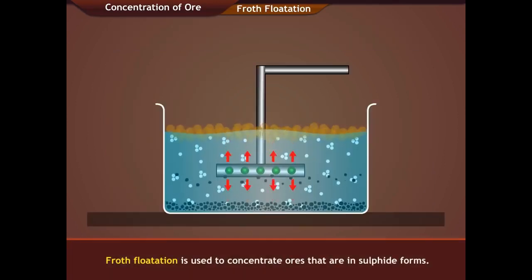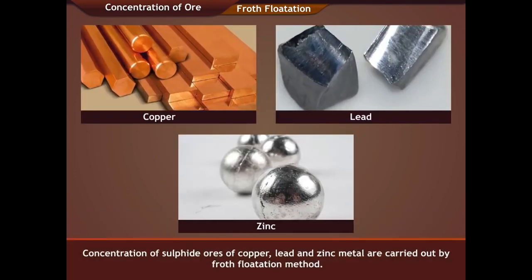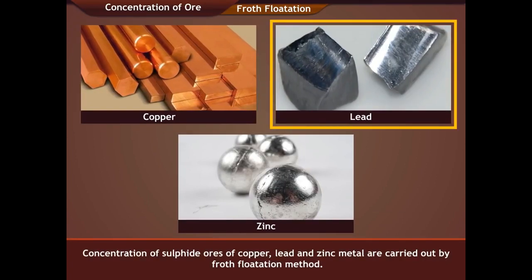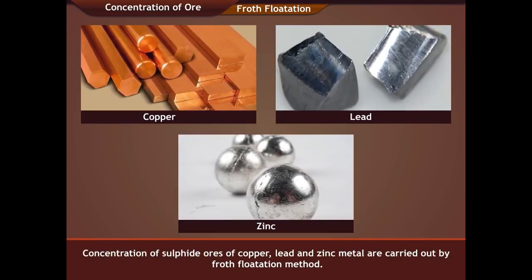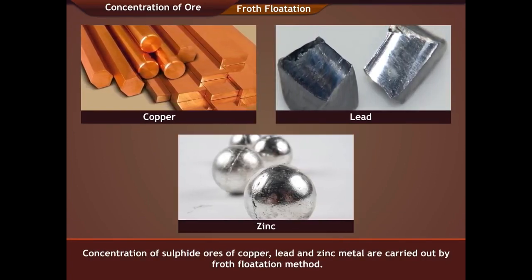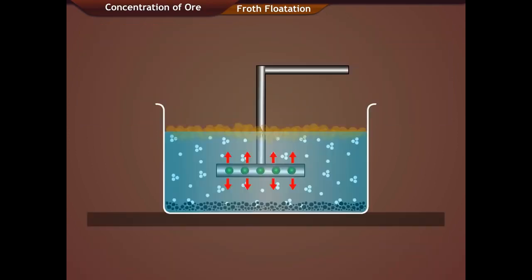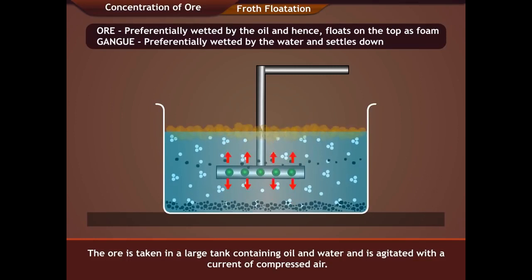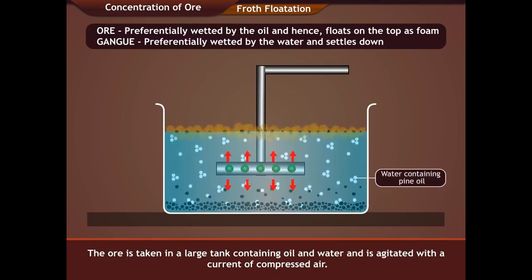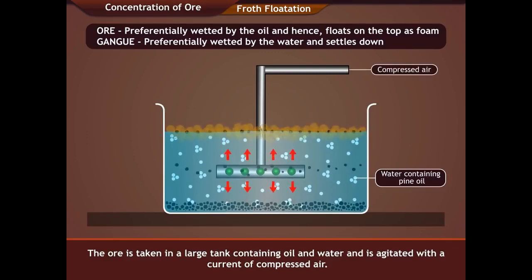Froth flotation is used to concentrate ores that are in sulfide forms. Concentration of sulfide ores of copper, lead and zinc metal are carried out by this method. The ore is taken in a large tank containing oil and water and is agitated with a current of compressed air.